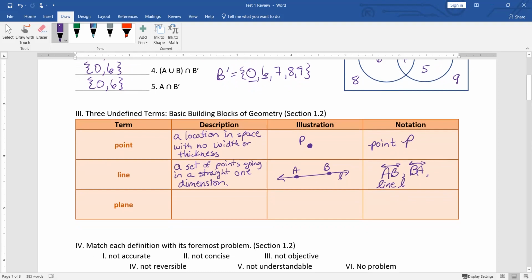All right, and a plane is a set of points with no thickness in 2 dimensions.